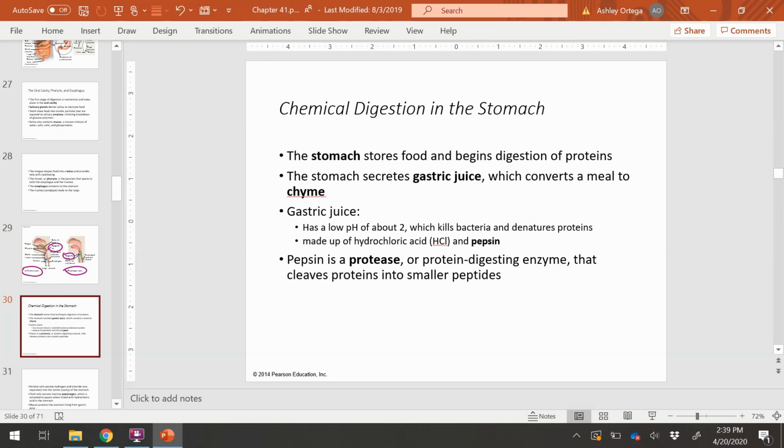This gastric juice is very acidic. It has a low pH, about 2, that kills bacteria and denatures and unfolds proteins. It's made up of 2 main molecules, hydrochloric acid and pepsin, which is a protease, also known as a protein digesting enzyme. So it's going to break apart proteins into smaller peptides.